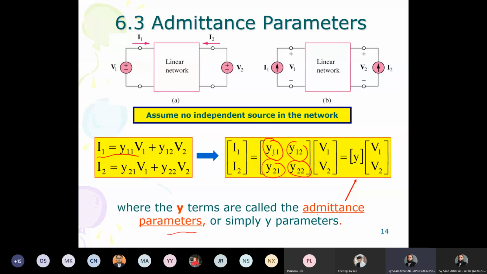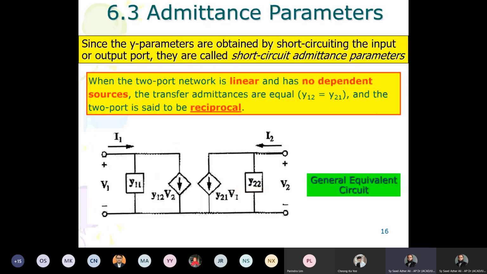They are individual reciprocals of z11, z12, z21, and z22. So if you somehow forgot what admittance is, you can find impedance parameters and take reciprocals of each term to get the admittance parameters. Right? So don't worry. I'm skipping this part.